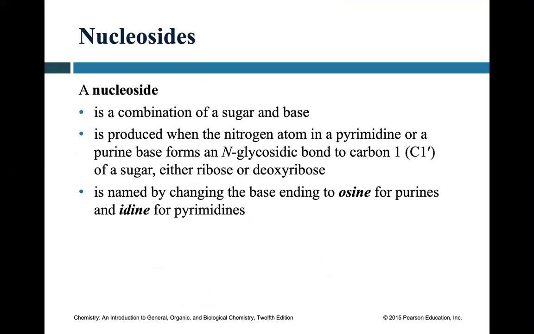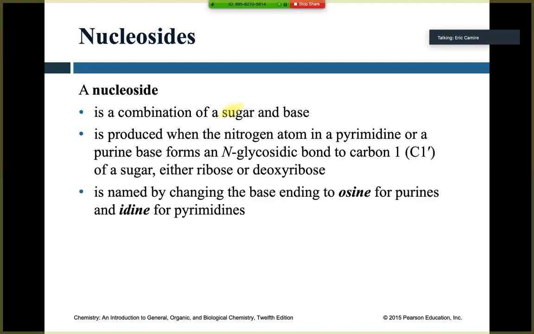So a nucleoside is just a sugar and a base. So no phosphate. A ribose or deoxyribose, and then one of those 5 bases we were talking about. I'm not so worried about knowing about an N-glycosidic bond, but we can talk about that.